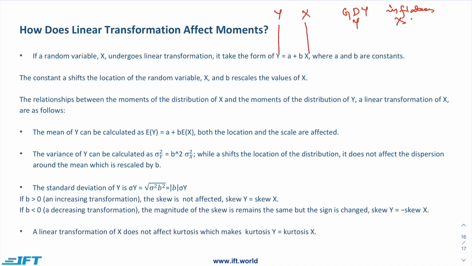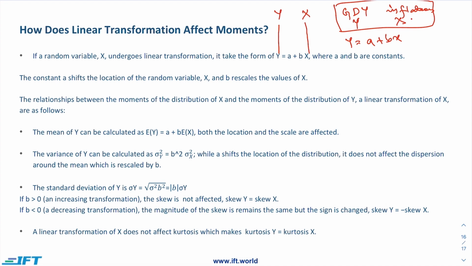Now we can use linear transformation in order to make a relation between these two factors. So we can write y is equal to a plus bx. This is what we refer to as a simple regression equation or linear transformation.